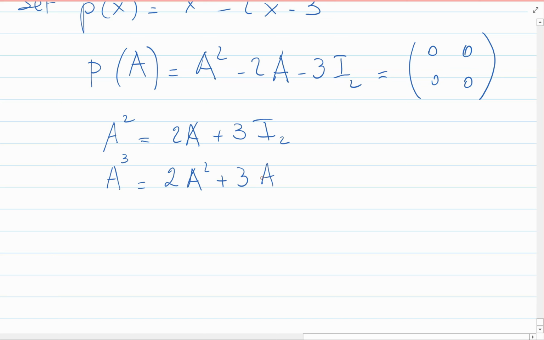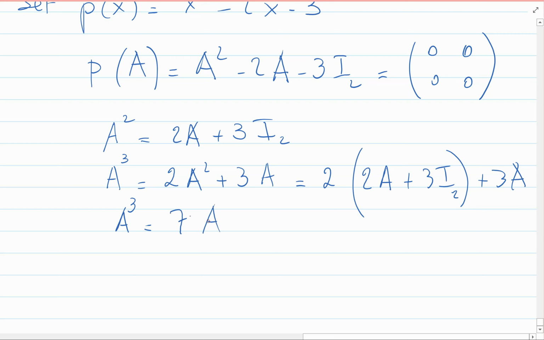But we know what A squared is, so it's 2 times (2A plus 3I) plus 3A, which equals 2 times 2, 4, plus 3, 7A, and 2 times 3, 6I. So as you can see, we can easily show that any A to the power n is in fact some number times A plus some number times I. So here's a beautiful example where you get all the powers.